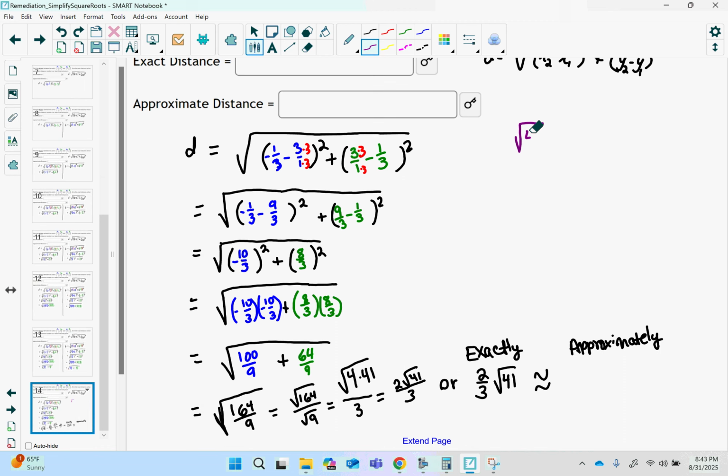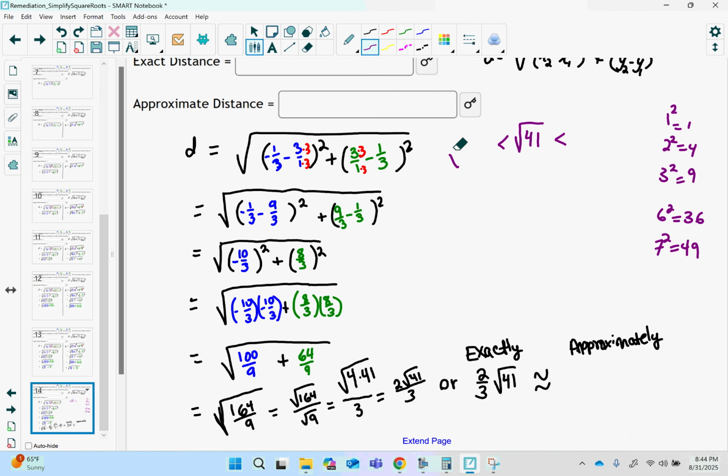If you want to know what the square root of 41 should be approximately equal to, you can think about what other two perfect squares are before and after it. So if I'm remembering my perfect squares that I am familiar with, like 1 squared, 2 squared, 3 squared, and so on, I think I want to look at 6 squared, which is 36, and 7 squared, which is 49, right?